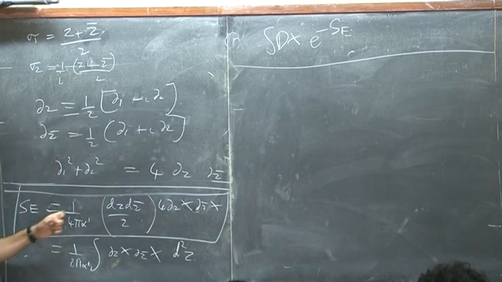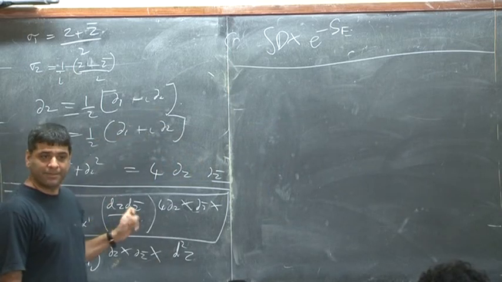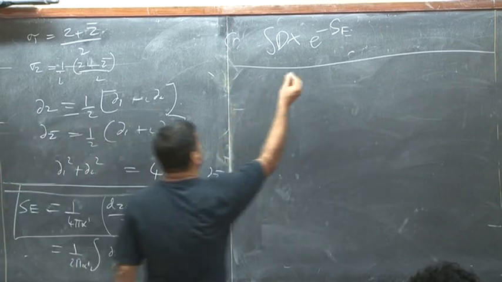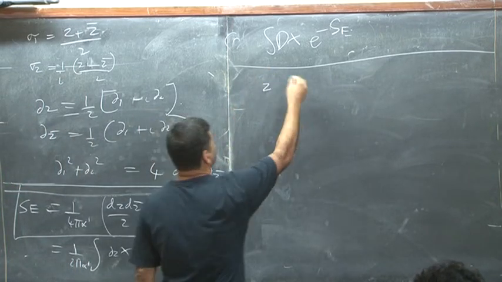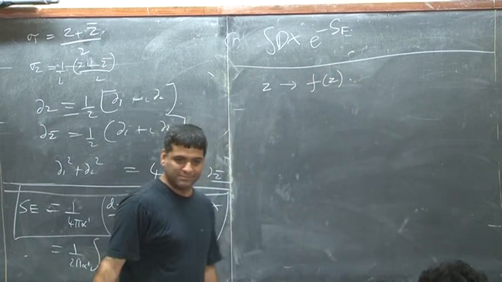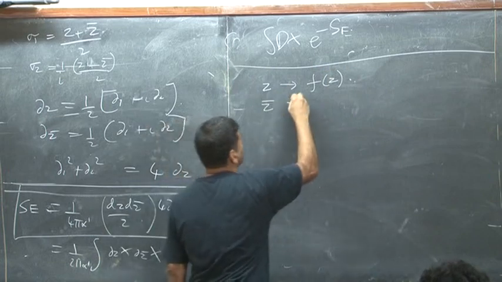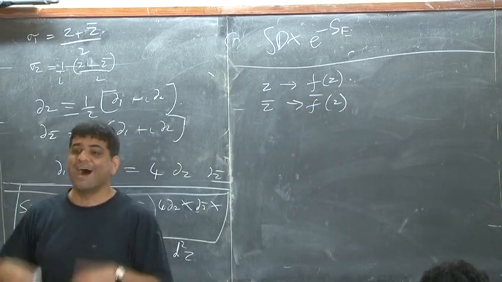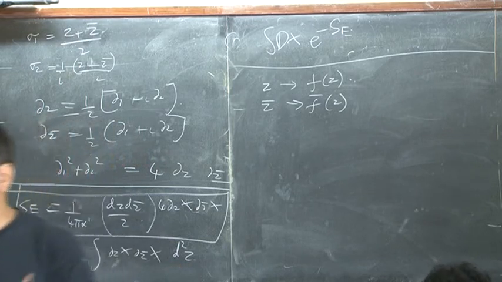Now, notice that this action here has a particular symmetry. Under the coordinate change, z goes to f of z, and therefore z bar goes to f bar of z bar, where f is an arbitrary complex function.